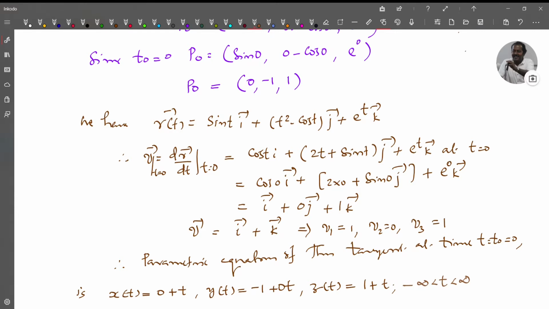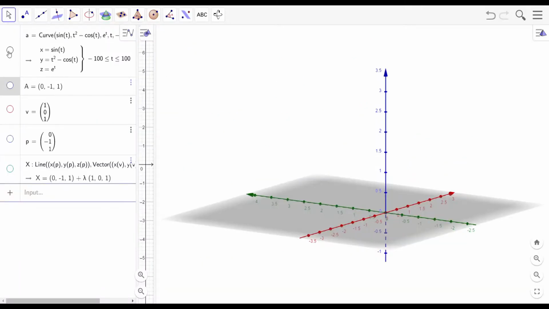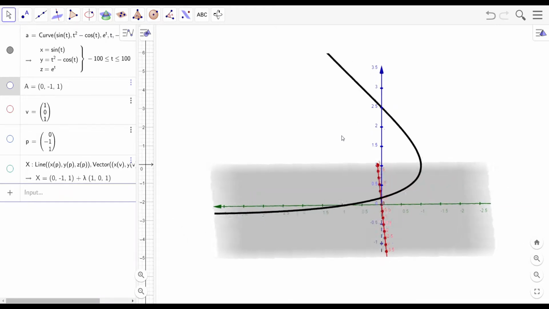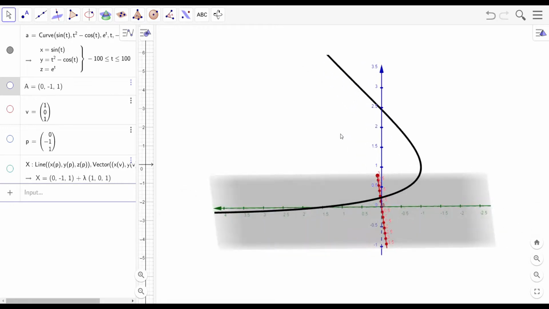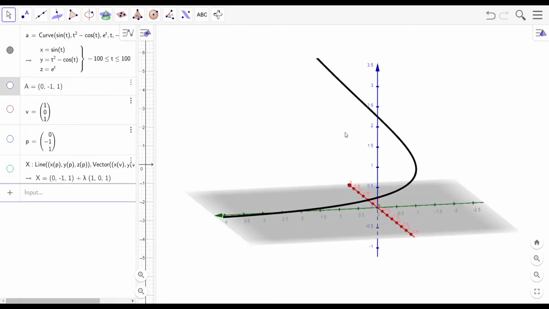We can verify this using GeoGebra. Our curve was x is equal to sin t, y is equal to t square minus cos t, z is equal to e raised to t. So this is the given curve, and P naught is (0, minus 1, 1), the point at time t equal to 0.